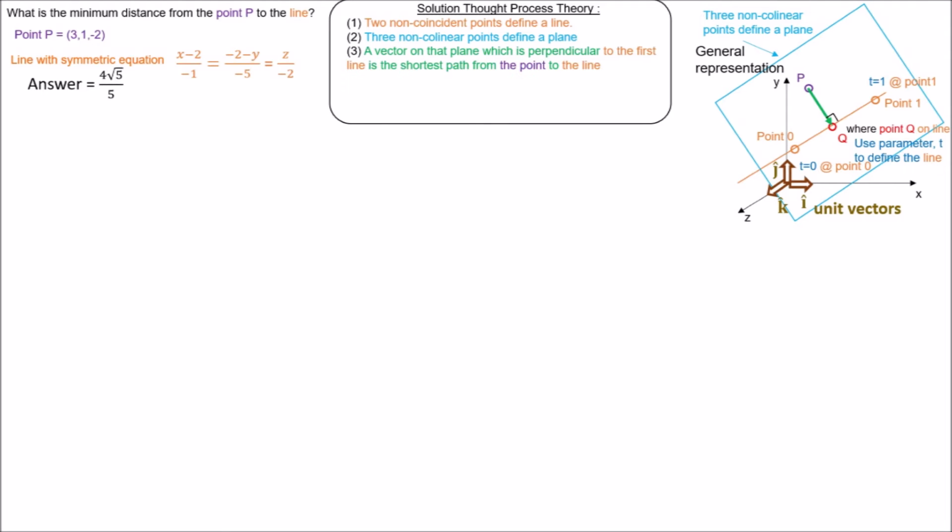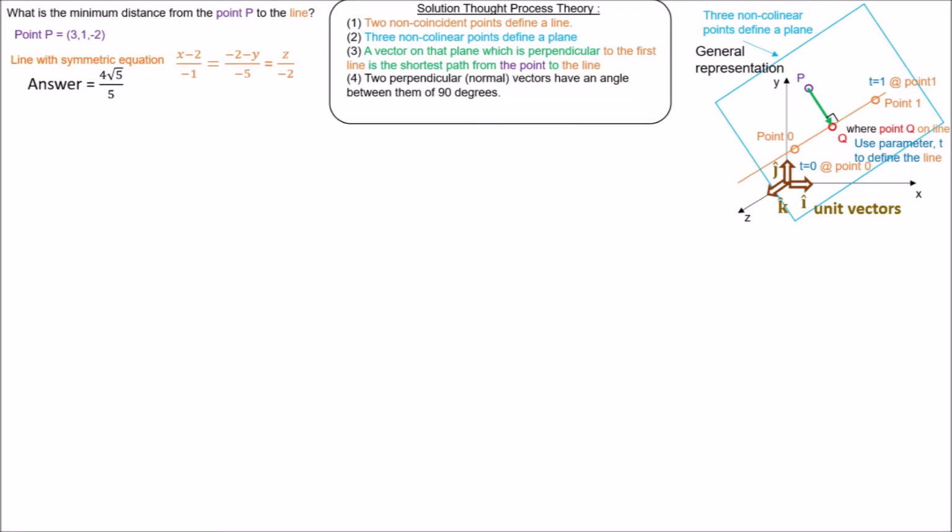For the shortest path between the point P and the line, we know the answer will also lie on that plane. I define a point Q on that line. The shortest distance will be such that the vector going from point P to point Q will be perpendicular to the line.